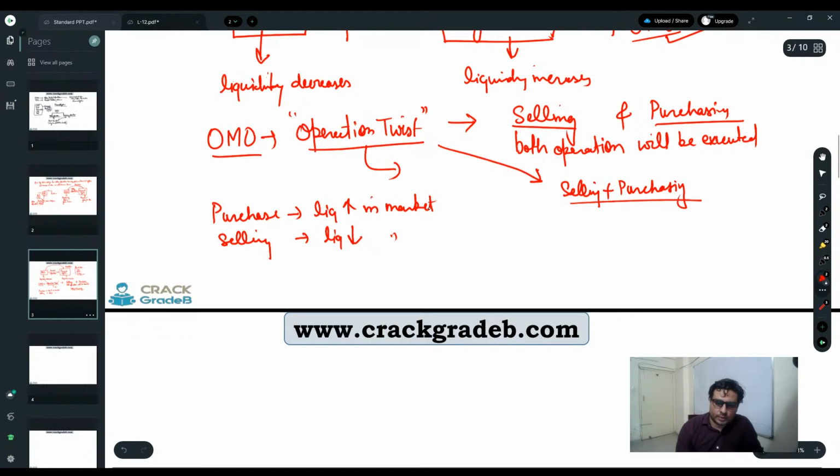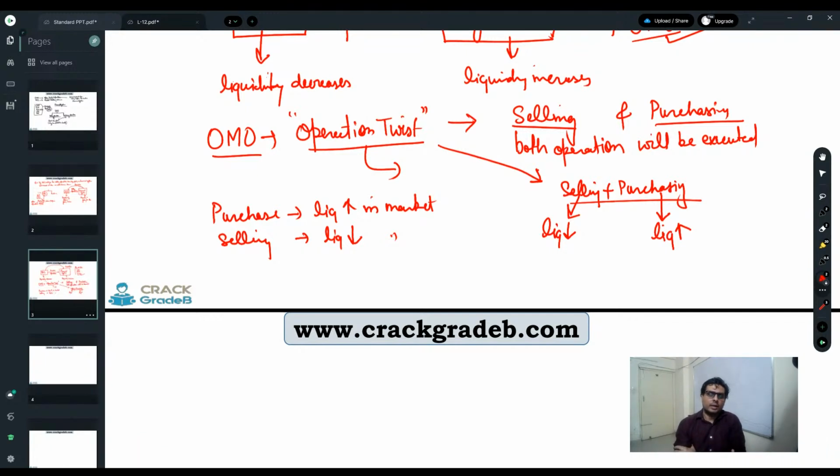Under operation twist, why is RBI selling and purchasing? When you are selling, what are you going to do? Liquidity is going to decrease. But at the same time, if you are going to purchase, liquidity is going to increase. Right?